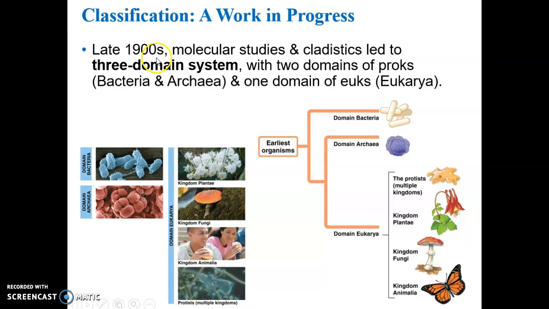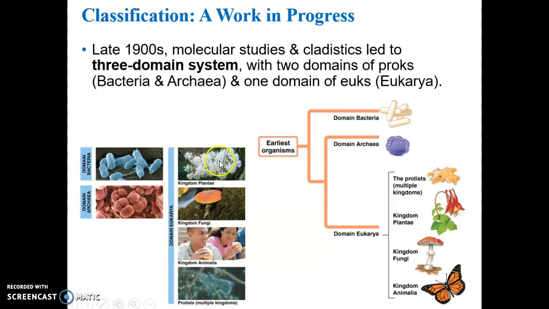More advancement in the late 1900s, with molecular studies and cladistics work, led to what's called the three-domain system, with two domains of prokaryotes, bacteria and archaea, something we talked about a ways back, and then one domain of the eukaryotic organisms, those with true nucleated cells.